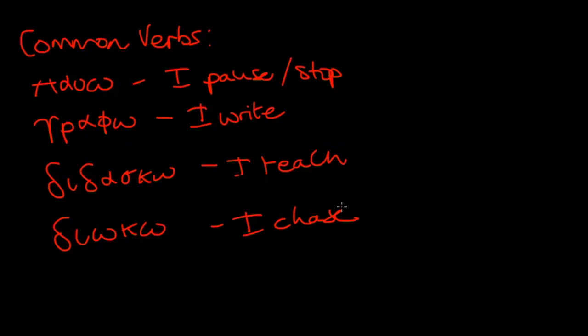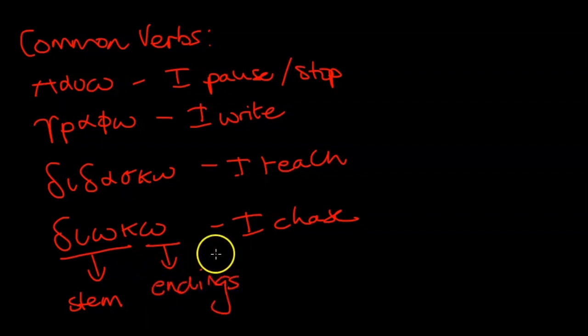And the same rules apply here as ever. For example, with διώκω, the διωκ part is the stem, and then the omega is the first person singular ending. So that's where you put your endings. You put the endings onto the stem.